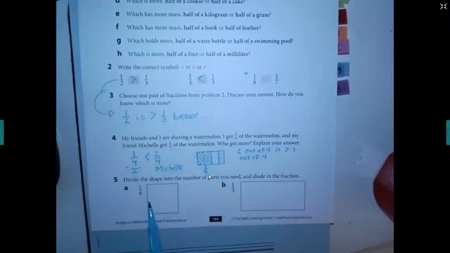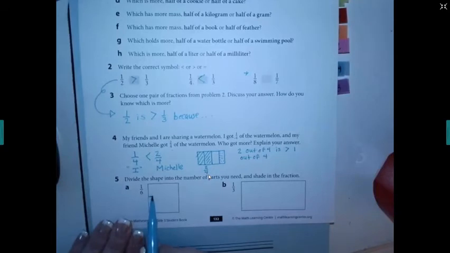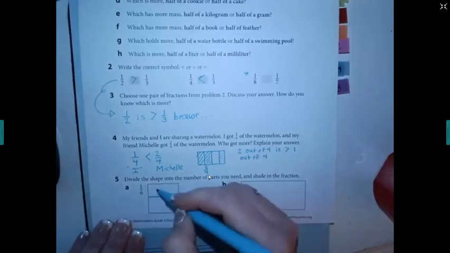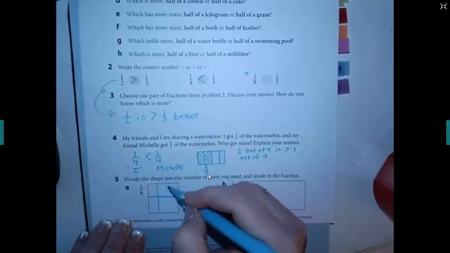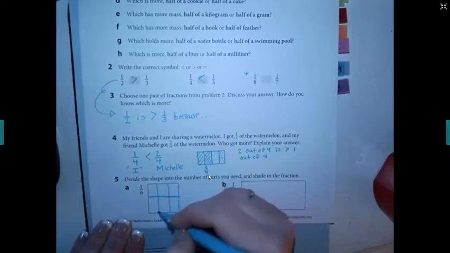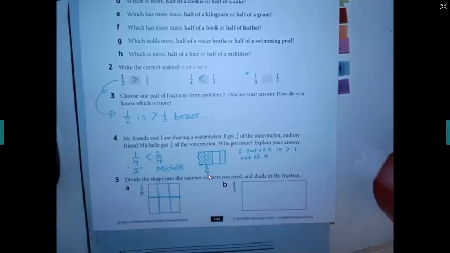You're going to cut this shape into 6 and then color in 1 out of 6, and cut this into thirds and do 1/3. I'm going to do the 1/6 with you. I'm going to cut it in half first, and then I'm going to think about if I were going to cut this into thirds, because we know that if we take thirds and we cut them in half, we'll get 6ths. So 1/6 looks like this.